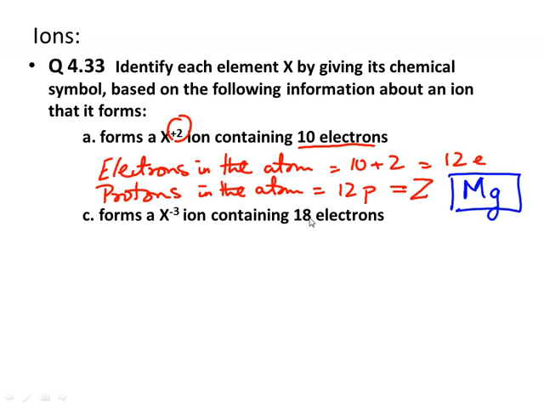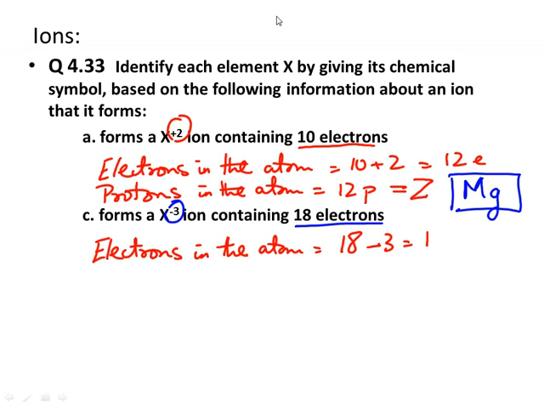Okay, let's do the same here. Now this is a 3 minus ion and it has 18 electrons. If this element has a 3 minus charge, in other words, it gained 3 electrons. So the electrons in the atom before it made the ion will now be 18 minus 3 equals 15.